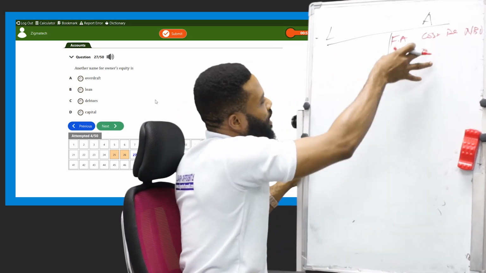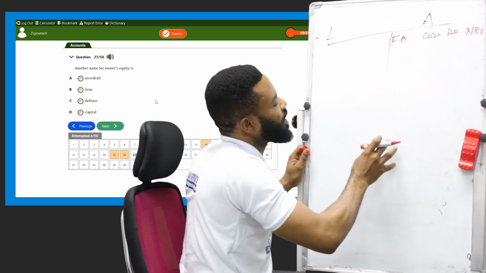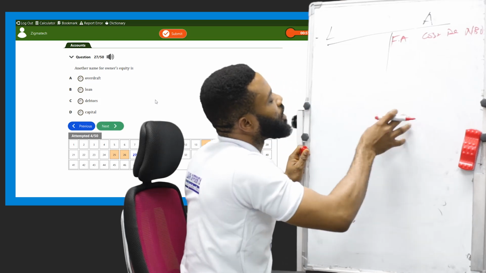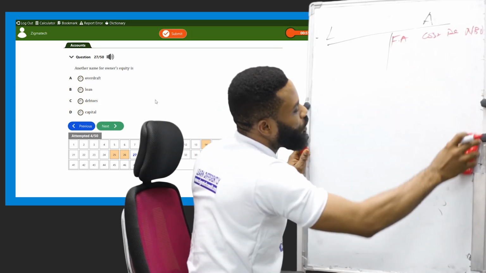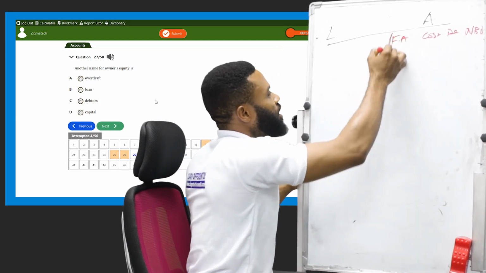After you have exhausted the number of assets, the next item is what? The current asset. At the end of the day, this side must be equal to this side, if you are using the T method.